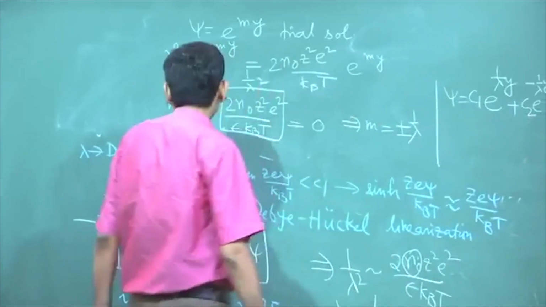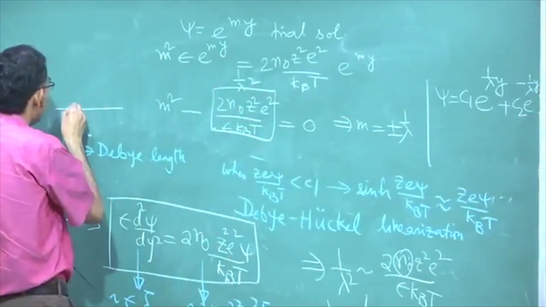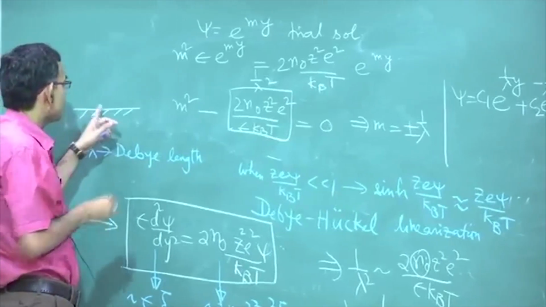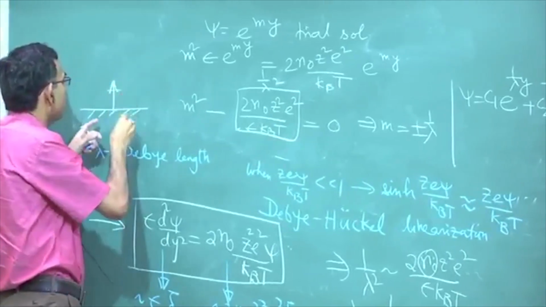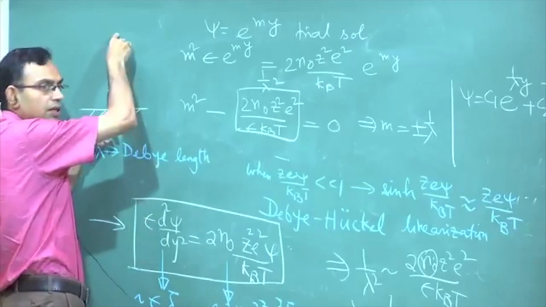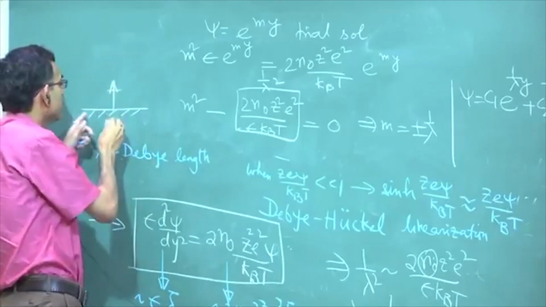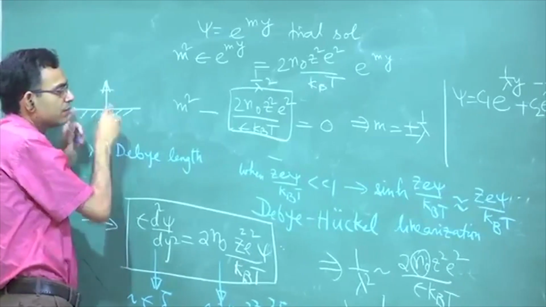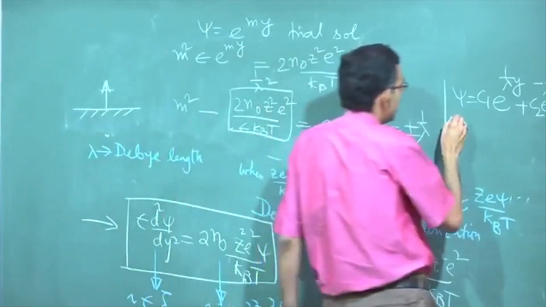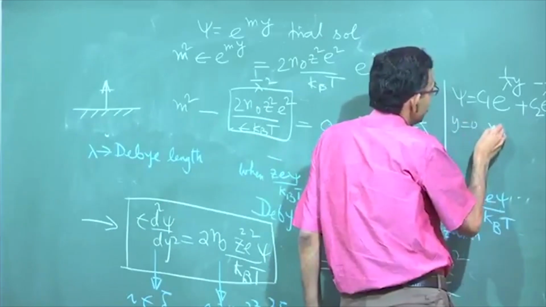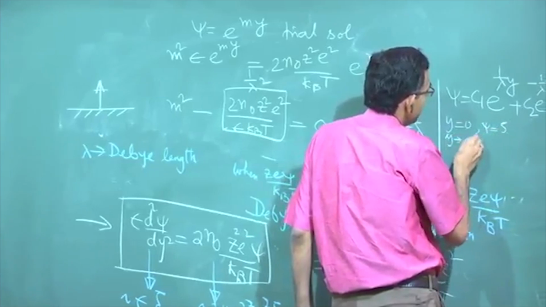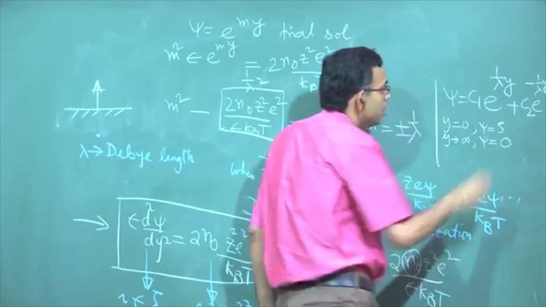For example, if you have an open surface like this, open surface means the fluid is open in this direction. So here you can write that at y equal to 0, psi is the zeta potential. This is an example. At y equal to 0 psi is zeta, and at y tends to infinity psi will be 0.